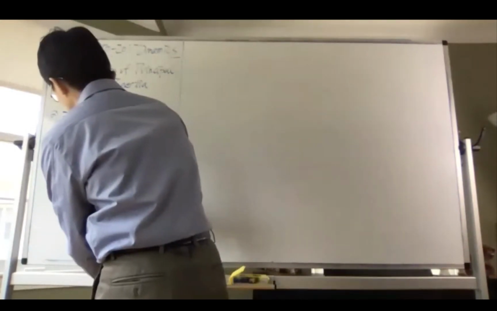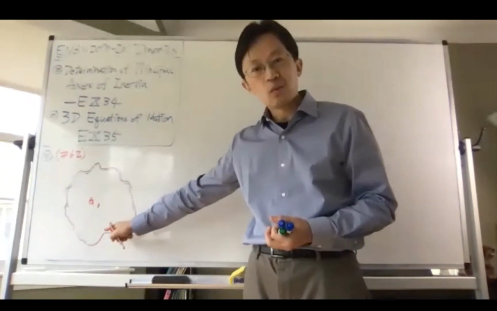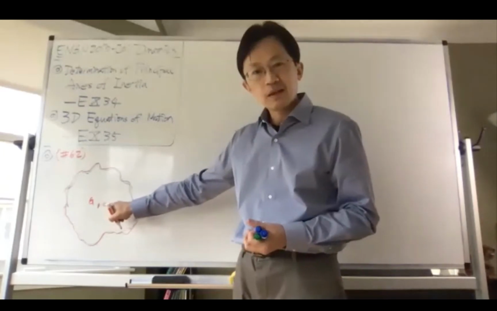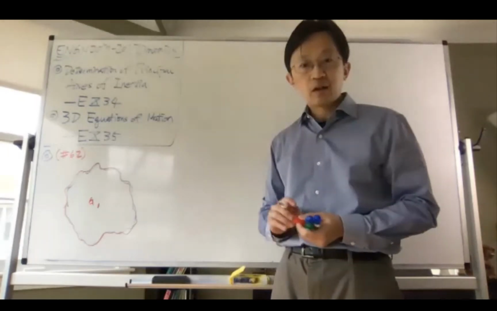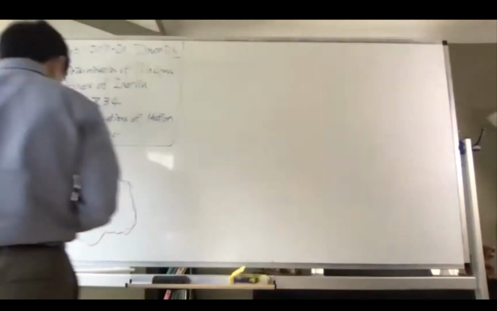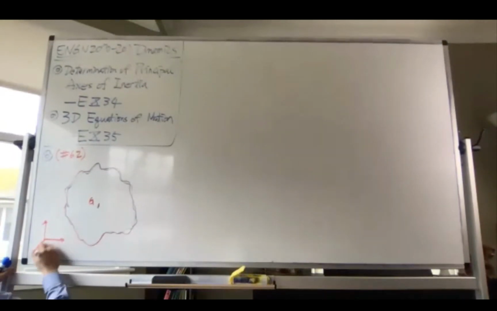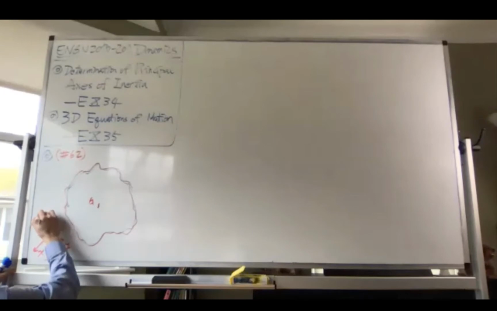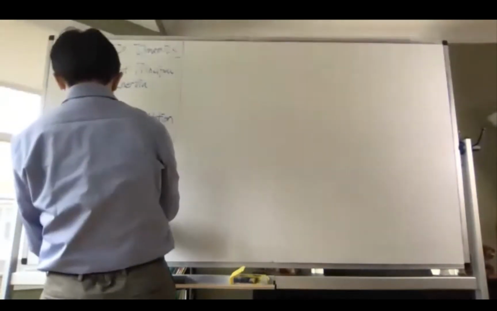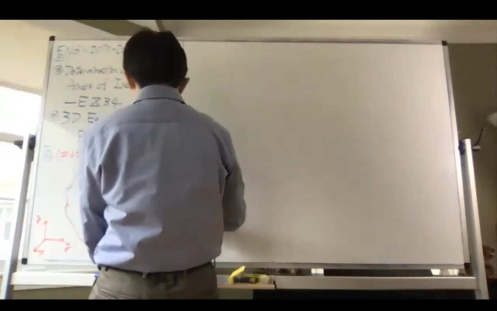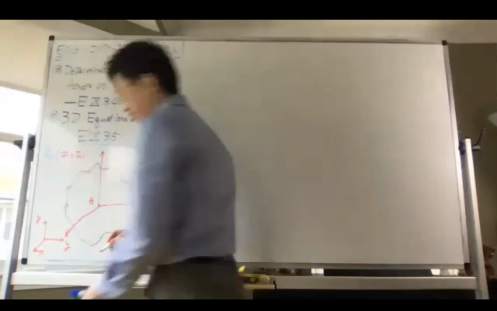Suppose it's here. If you have an object which you cannot tell what is the obvious axis of symmetry, you can still define the x, y, z, right? According to the local coordinate system. So you have this object in the three-dimensional coordinate system. This is our space, x, y, z. You can certainly define the x, y, z of this object. Also, they are not necessarily the principal axis of inertia.